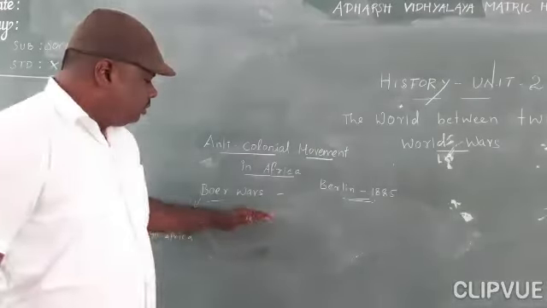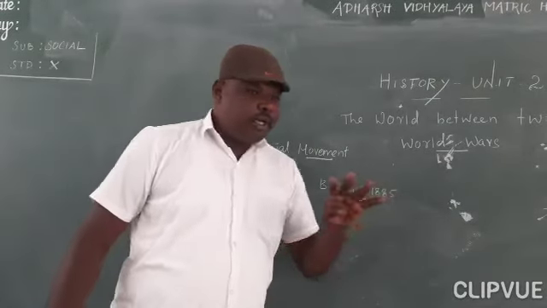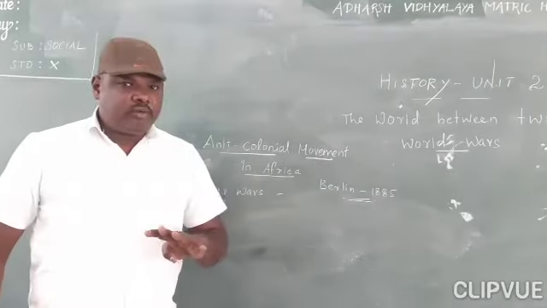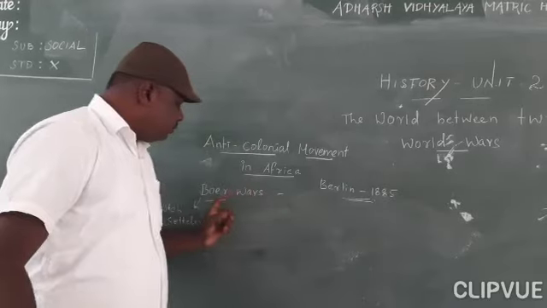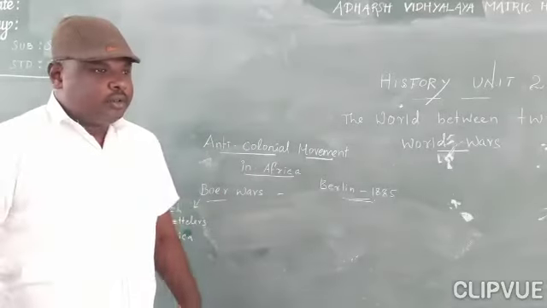Especially there were four important states in Africa, two in the hands of the British and two in the hands of the Boers.